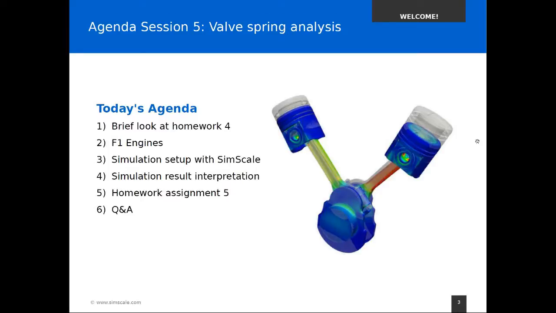As usual, we'll talk about the results. What can I do with the results? What can I learn from the results of the simulation? And then there's going to be a final homework. As normal, we will describe this task at the end. And then, of course, there will be a few minutes left for Q&A, and then you can ask any questions related to today's topic or in general.